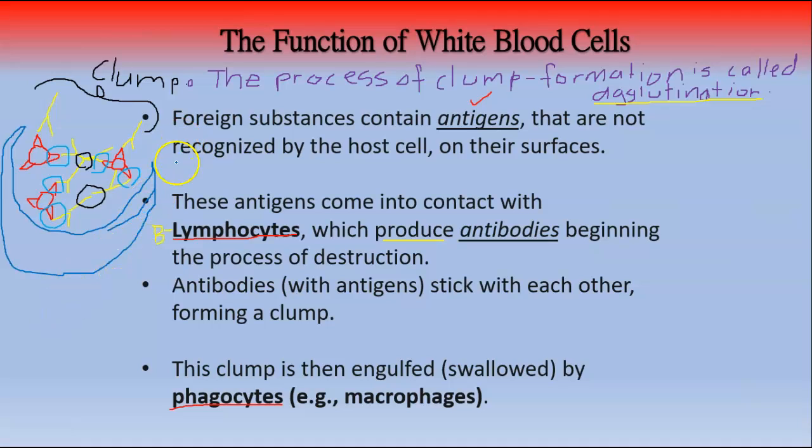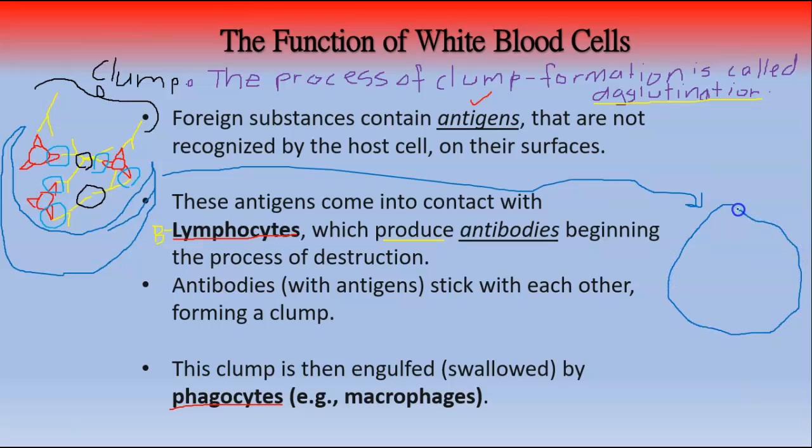So you would have the macrophage closing up around the clump, and then inside here you would have the clump on the inside, and then you would have the phagosome.